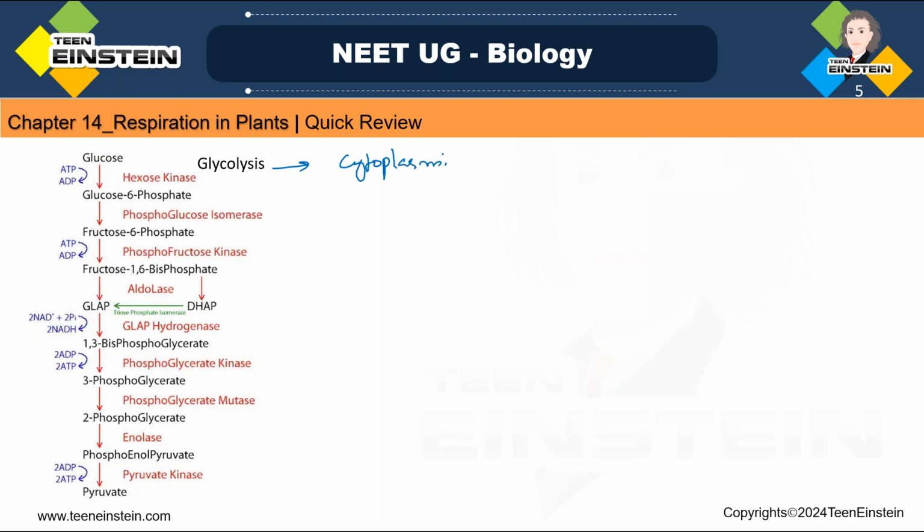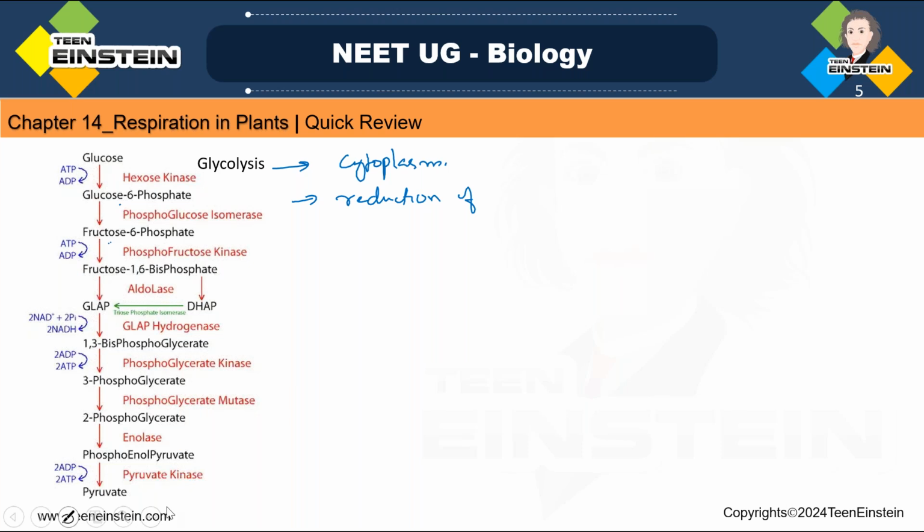It starts from glucose to glucose 6 phosphate, fructose 6 phosphate, fructose 1,6 bisphosphate, then 1,3 bisphosphoglycerate, 3 phosphoglycerate, 2 phosphoglycerate, then phosphoenol pyruvate, and finally it forms pyruvate. So from glucose, pyruvate is formed.